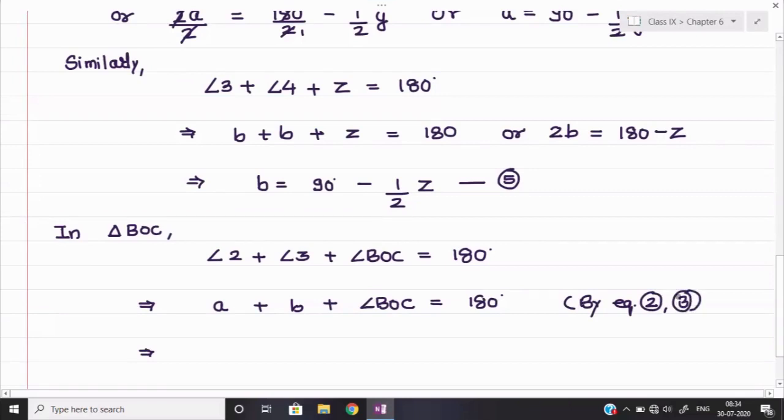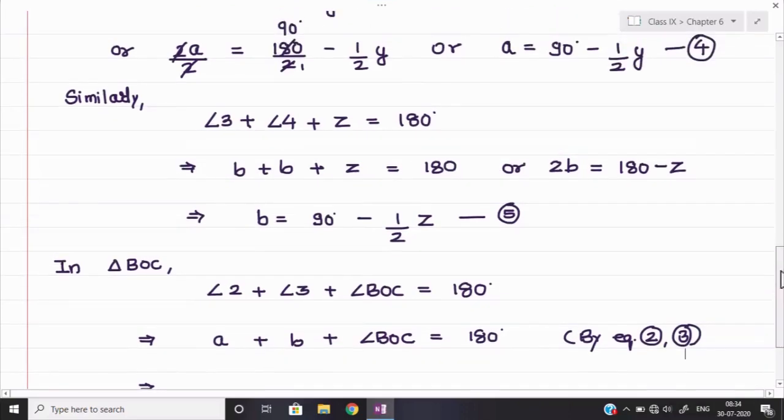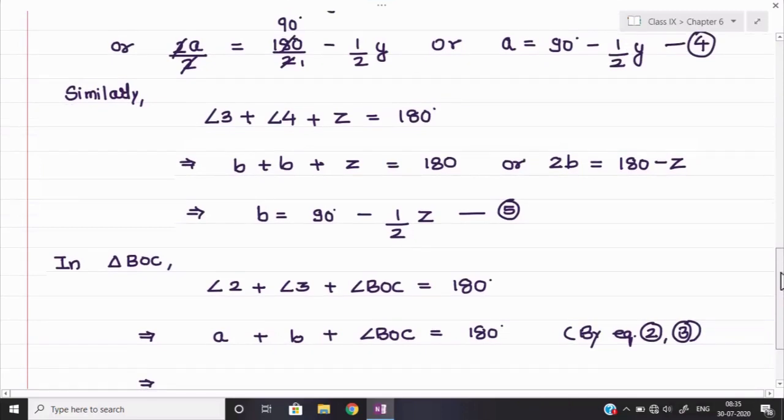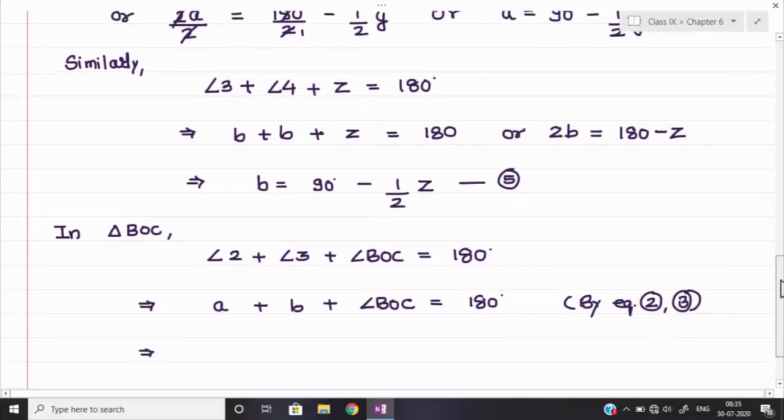Okay. Now the value of A, observe the value of A that I have in equation number 5. So equation number 5 says A is equal to 90 degrees minus 1 upon 2 y, and B is equal to 90 degrees minus 1 upon 2 into z.